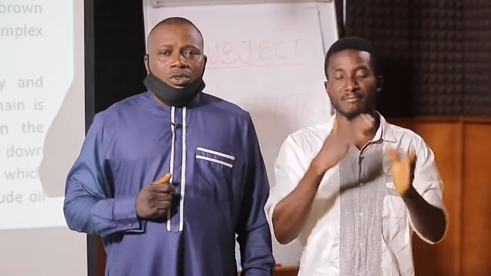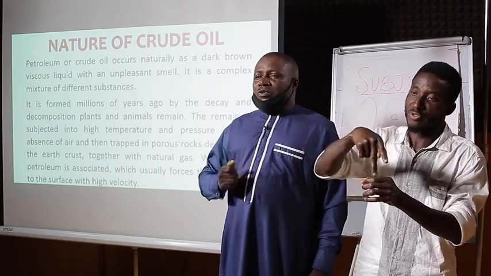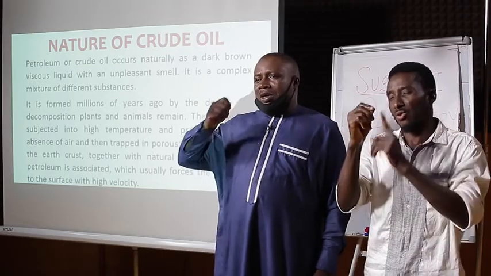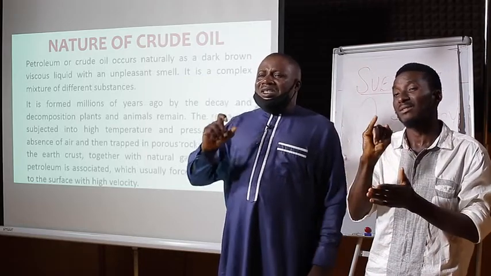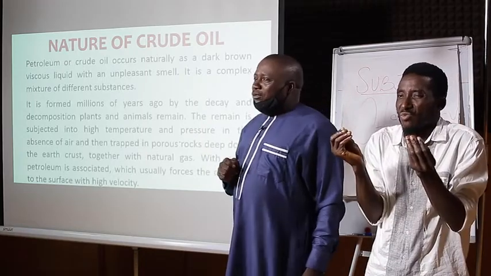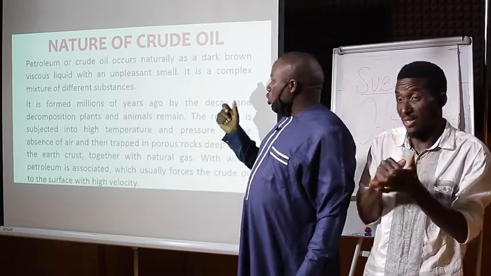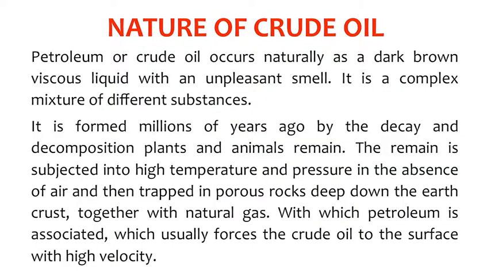My student, whenever we are talking about this petroleum as one of the major sources of hydrocarbon, it is a dirty, dark, viscous liquid. Another name for this petroleum is crude oil. It occurs naturally, and it is a dirty, dark, viscous liquid.